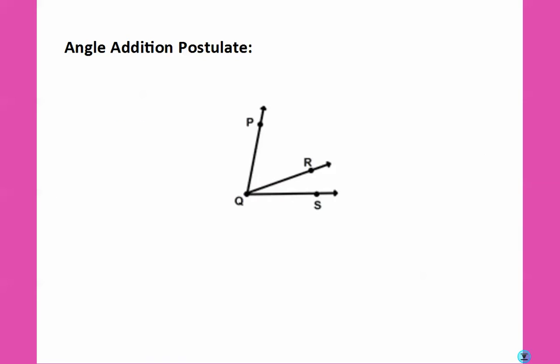So the angle addition postulate is you can add two adjacent angles to make a larger angle.